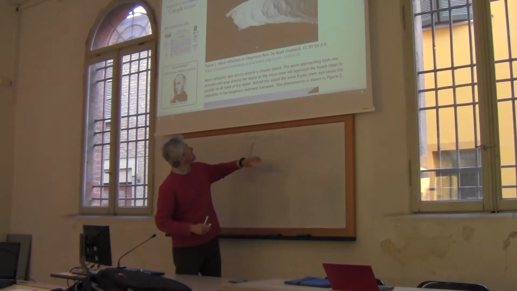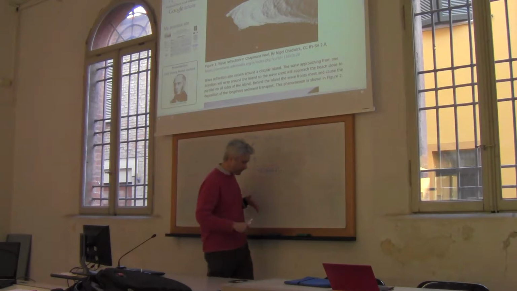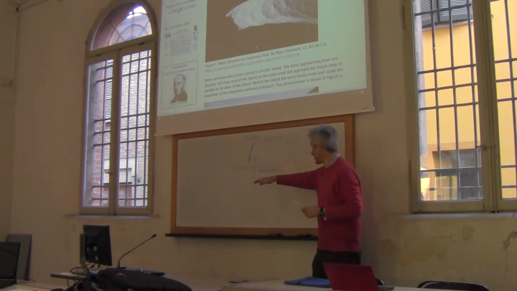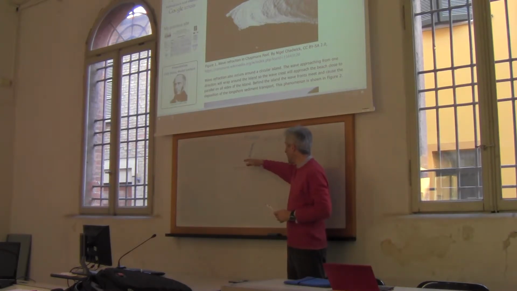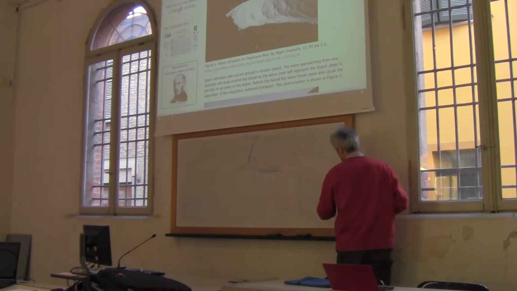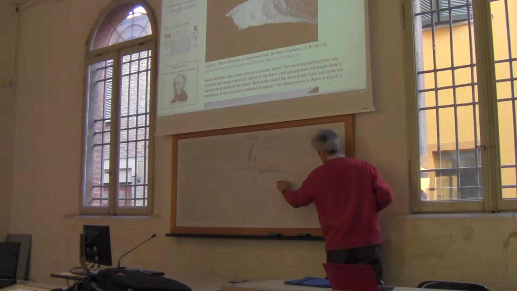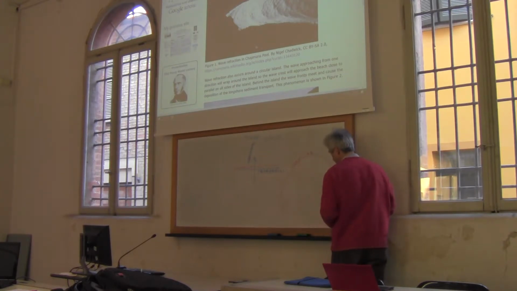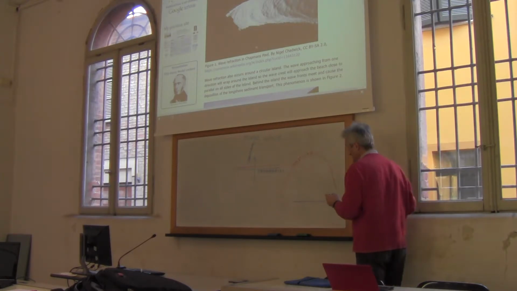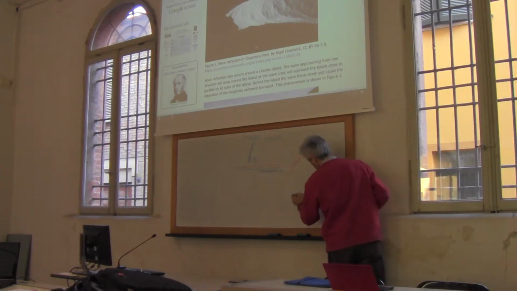So basically what happens, you can look at this picture here. What happens is that the transversal direction of the wave tends to align with the coastline. So if I have a coastline here, and the wave comes from here, then subsequently the wave starts getting this shape.